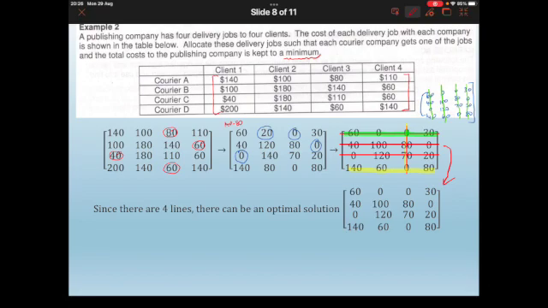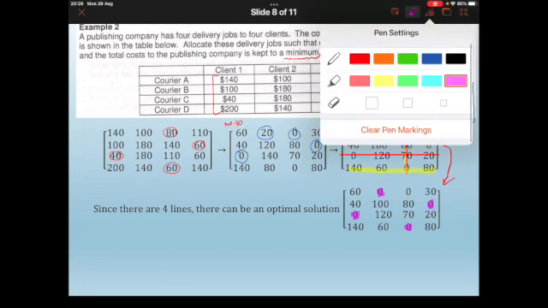So if I look at the rows, straight away I know that I need to assign courier B to client 4, courier C to client 1, and courier D to client 3, because there's only 1 zero. Now, since I've assigned courier D to client 3, I cannot assign client 3 to courier A. Therefore, I have to assign client 2 to courier A.